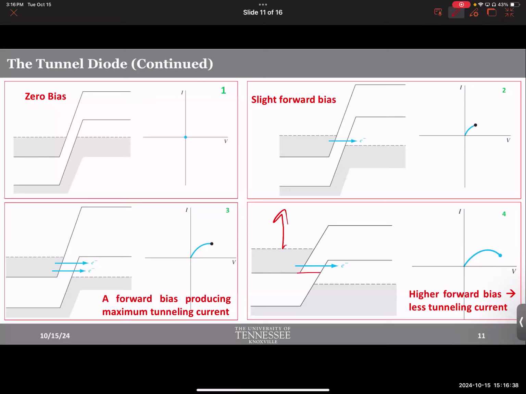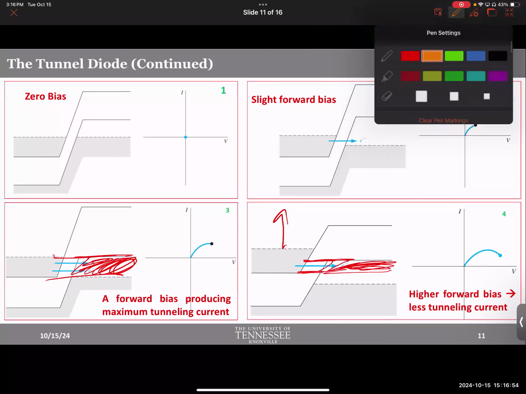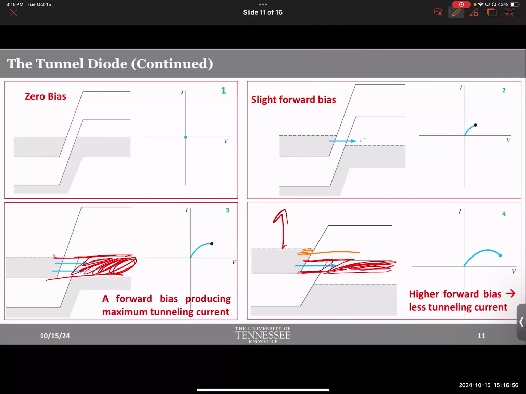And all of a sudden now, see what happened here? Just notice between this and this section. Did the overlap increase or decrease? Why can't the electrons go from here to here? What's wrong with this zone?